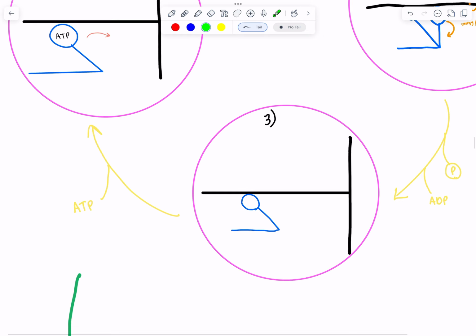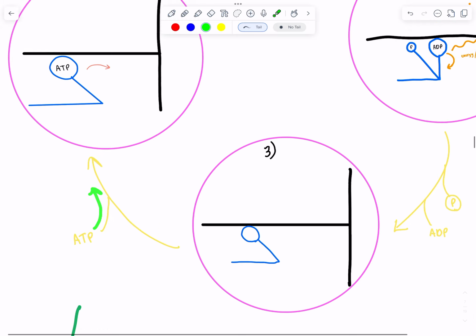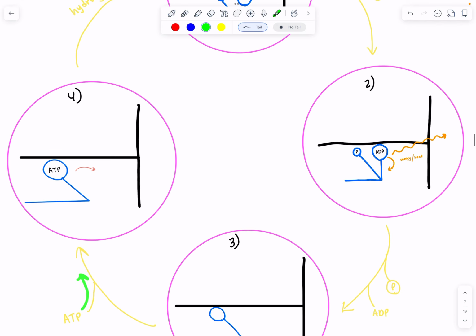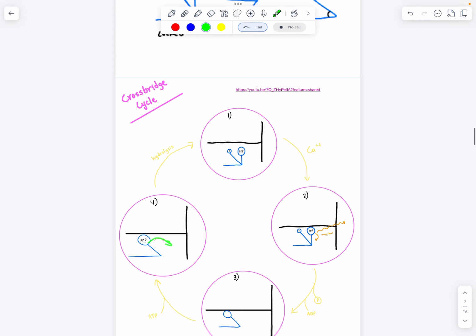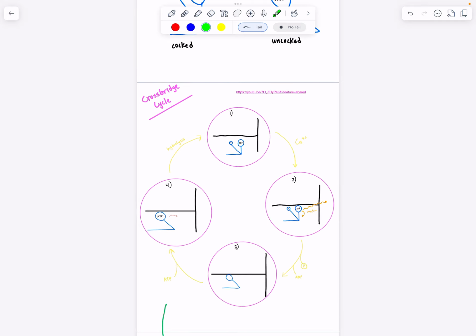So we add ATP. When ATP binds, it is always what causes this to become cocked again, to go back to how it was. And then to start the whole process over, we need an ATP to turn into an ADP and a phosphate. So that's where hydrolysis comes in. So, a pretty simple cross-bridge cycle.